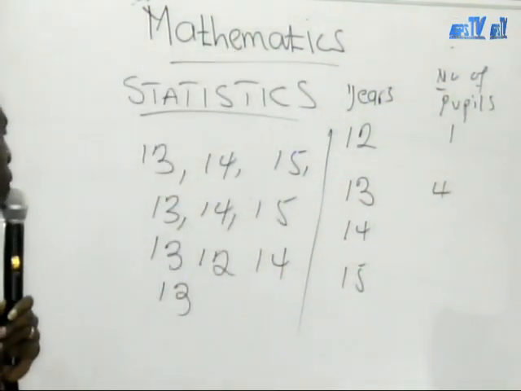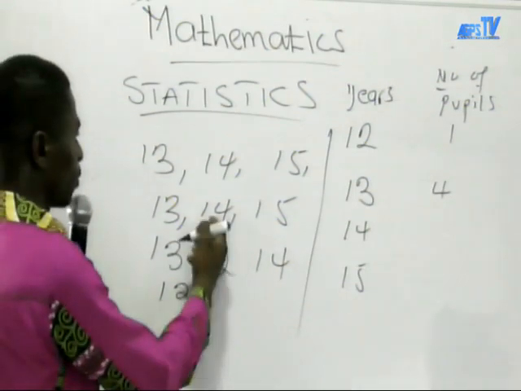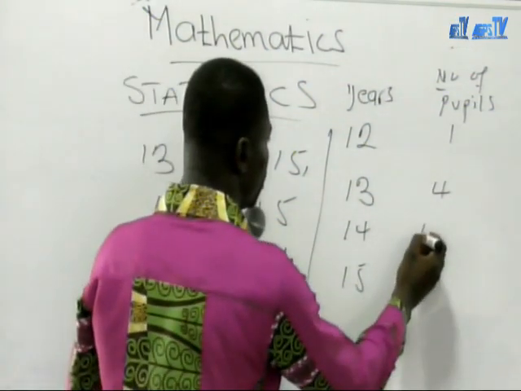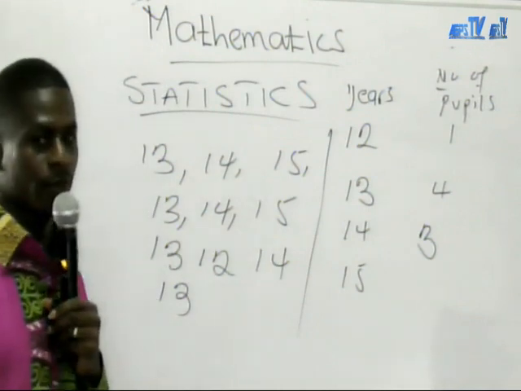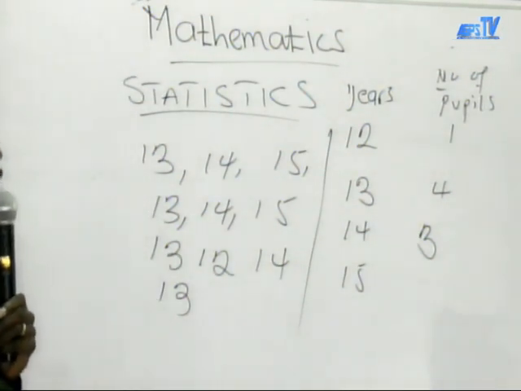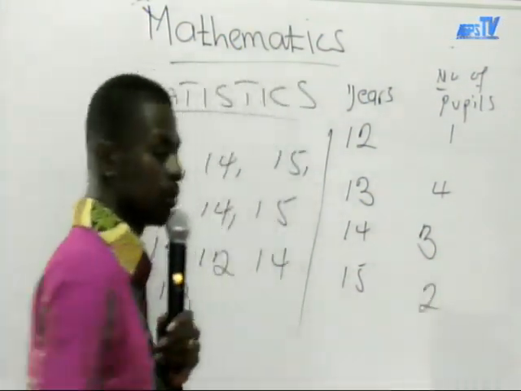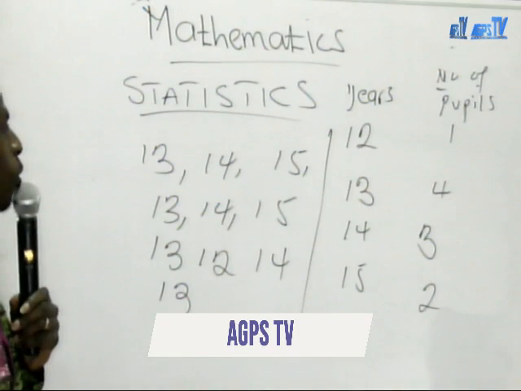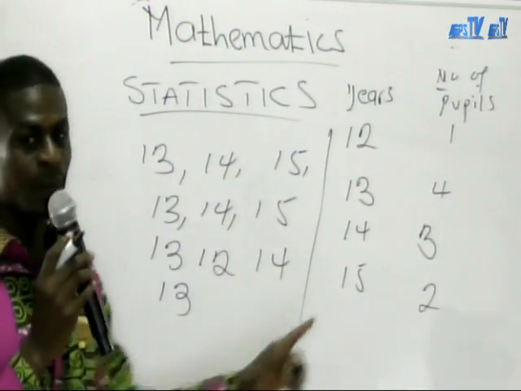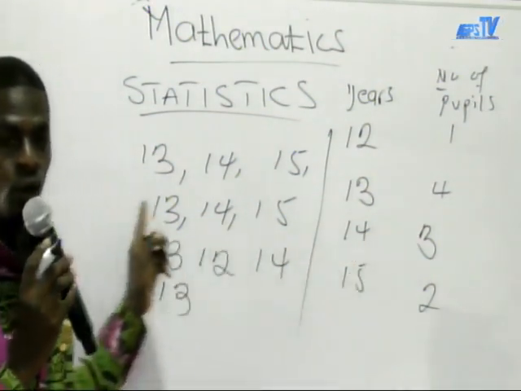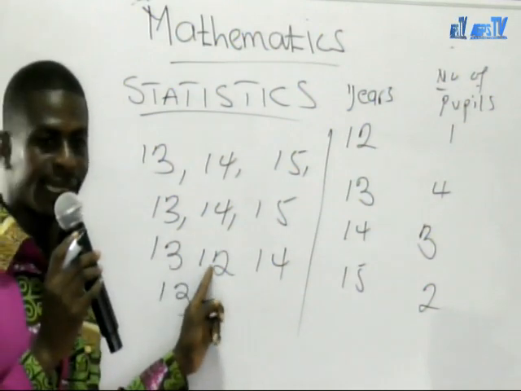Then 14, that gives me 3. Then finally I look at those who are 15 years in my class, and that gives me 2. So you realize that this is a simplified version of the data that I have collected.